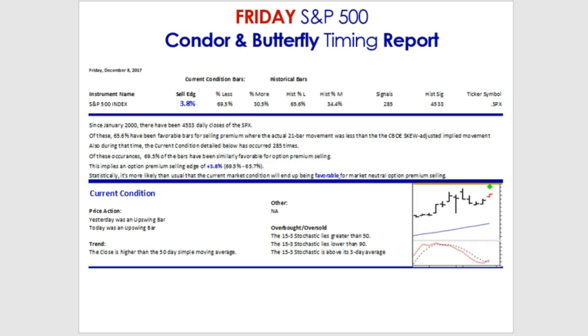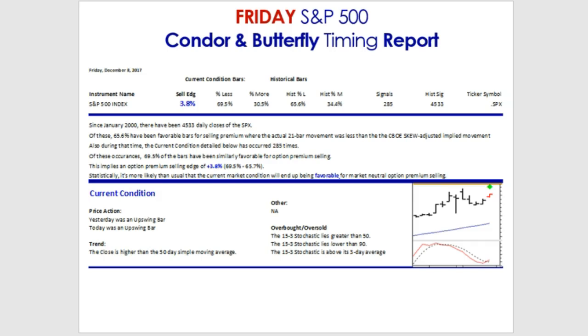Now let's go to the occurrences. During that time, the current market condition I just detailed has occurred 285 times. Now, of those 285, 69.5% of the bars were similarly favorable for premium selling, as we just discussed. That's a bit higher than the benchmark of two-thirds.